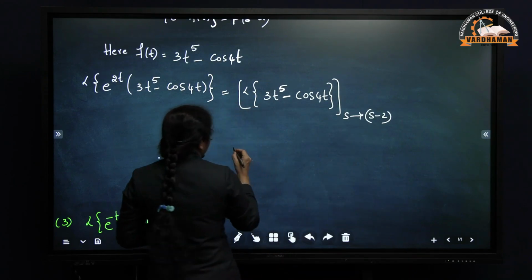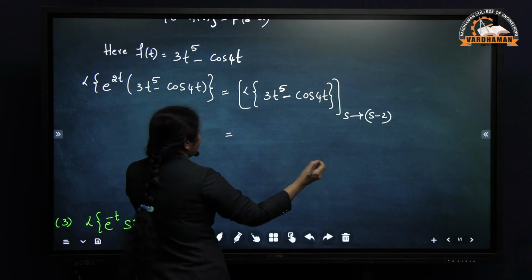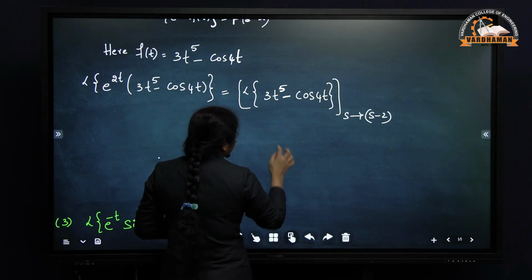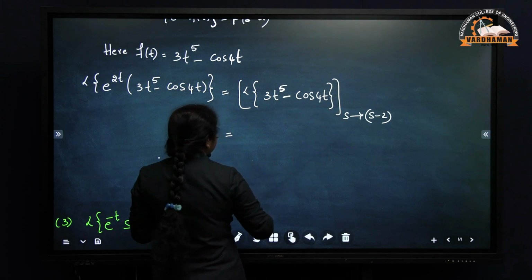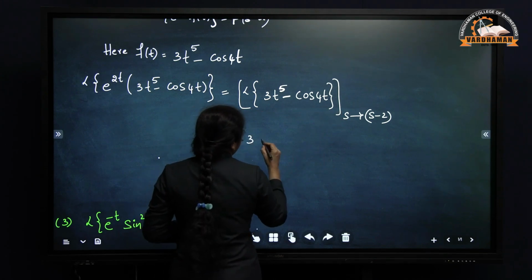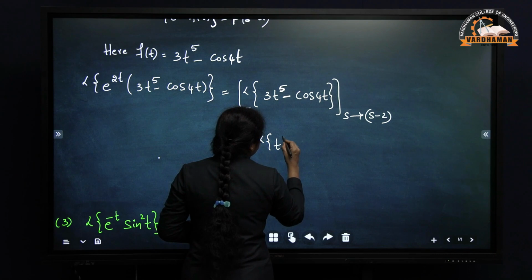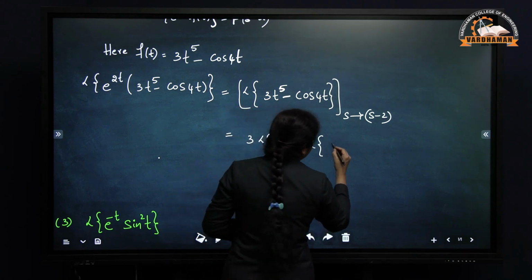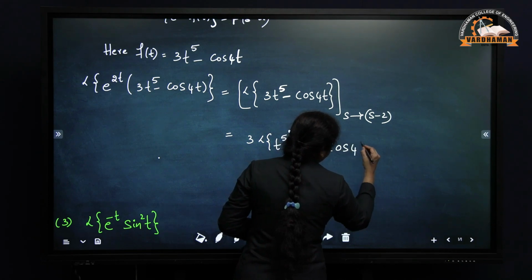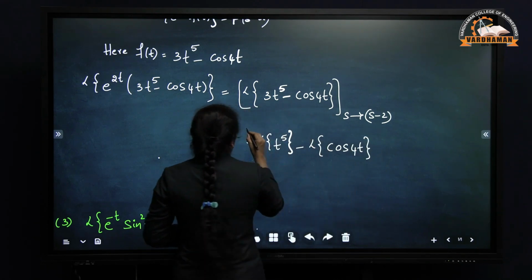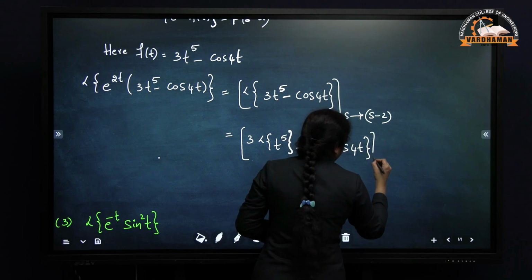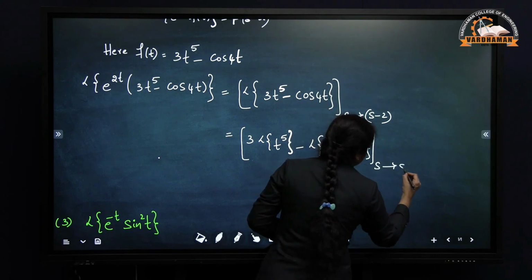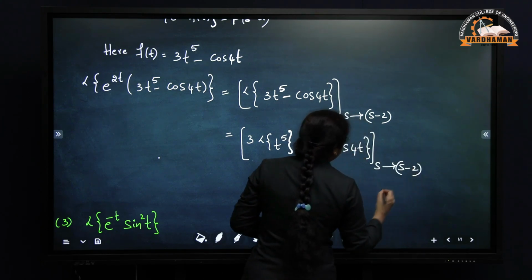Now using linearity property of Laplace transform, this function can be written as 3 into Laplace transform of t power 5 minus Laplace transform of cos 4t, and after getting the result, change s with s minus 2.